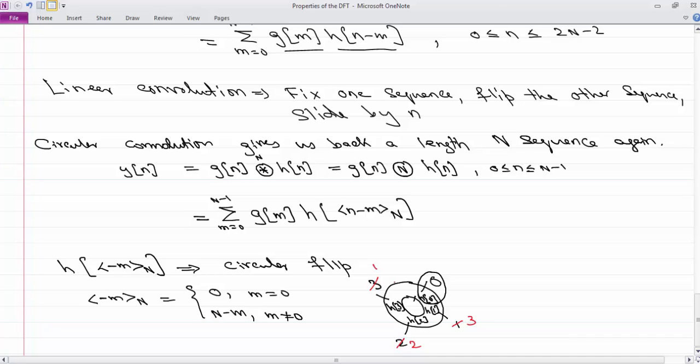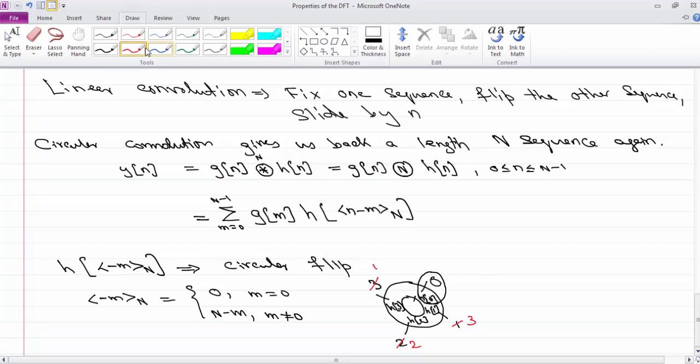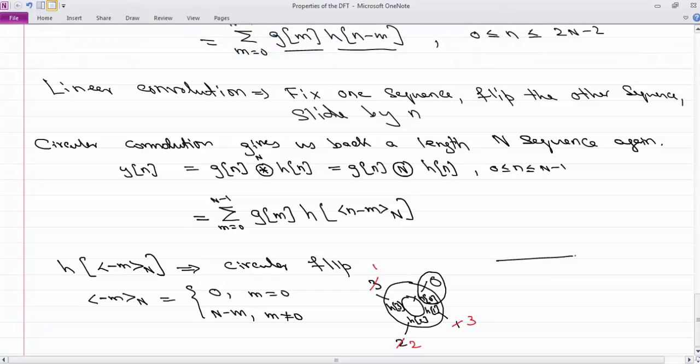So of course, at the end of the day, you still have a length N sequence left with you. So if my h was, for example, let's say 2 at index 0, this is index 1, index 2, this is minus 2, this is 1, and this is minus 3 at index 3.